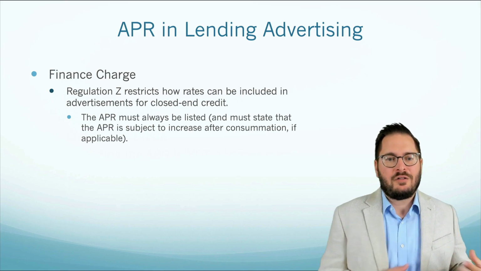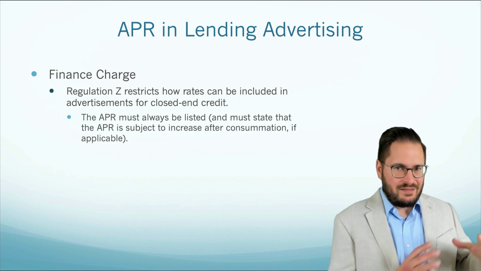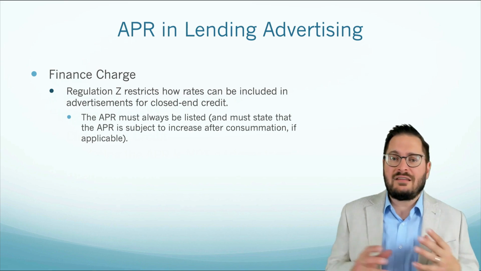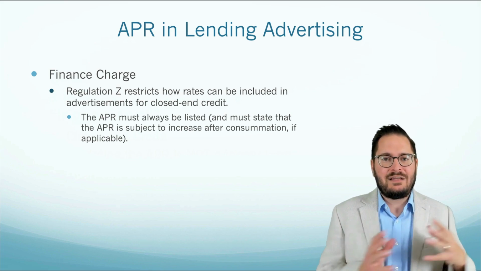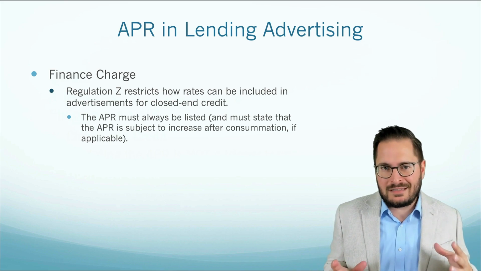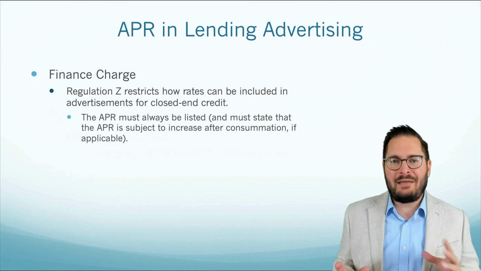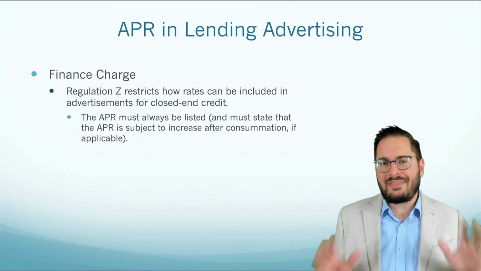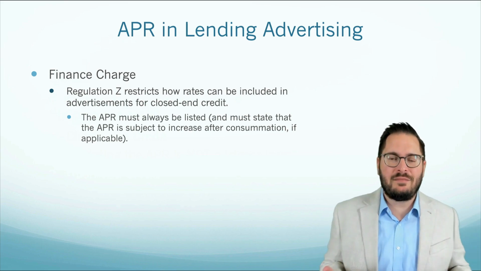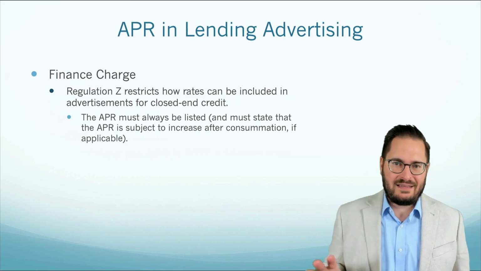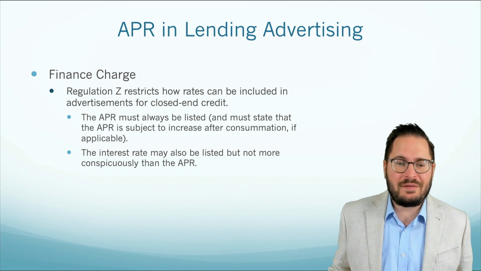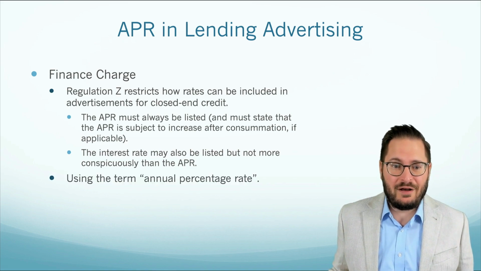Under closed-end rules, you can list the base interest rate, but you also have to list the APR, and the interest rate can't be more conspicuous than the APR. They have to be in close proximity, and basically the APR has to be the most prevalent. The interest rate can be equal, but the APR always has to be there.